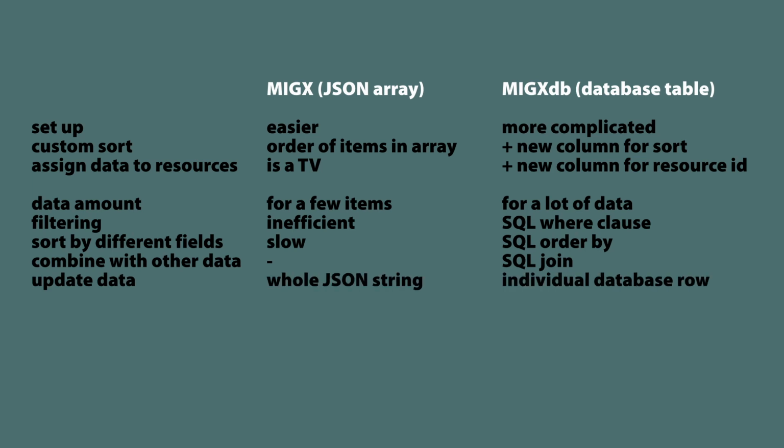Updating parts of the data is also easier. In MIGX, you have to read the whole JSON string, convert it to a PHP array, update the data, convert it back to JSON and save it. In SQL, a single row can be updated individually. If you want to be able to access the data via a REST API, storing it in a custom table is also preferable.